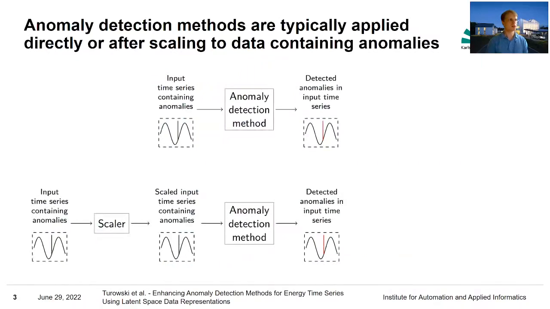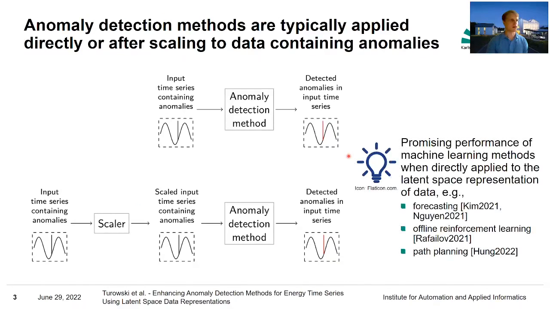Typically, anomaly detection methods are directly applied to the input data, shown here, or alternatively the input data is scaled first before applying the anomaly detection method. However, recently there has been a promising performance of machine learning methods when they are directly applied to the latent space representation of data.